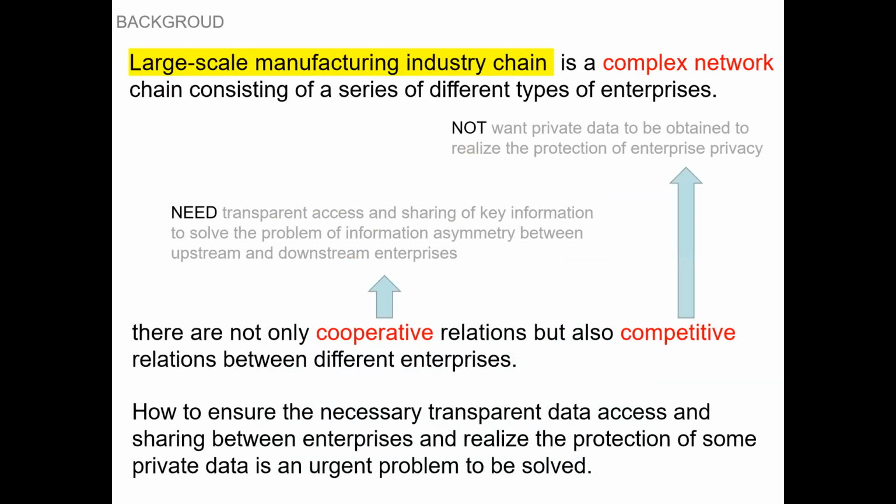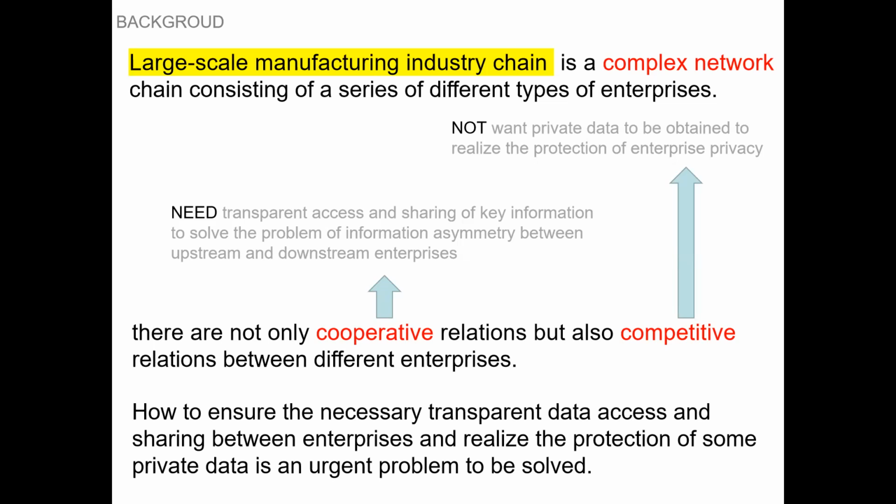The large-scale manufacturing industry chain is a complex network chain consisting of a series of different types of enterprises. Each enterprise, as a data source, constantly generates massive and heterogeneous data in all stages of the industrial chain, which is of great value in industrial chain management.